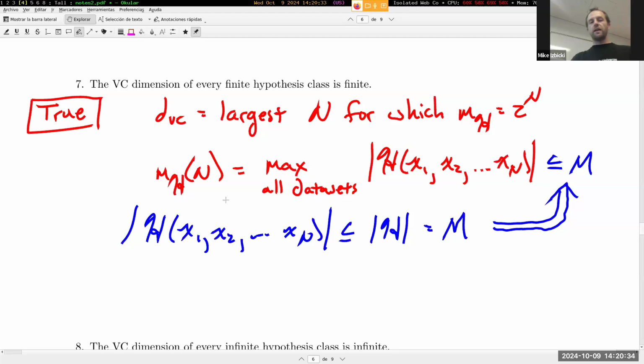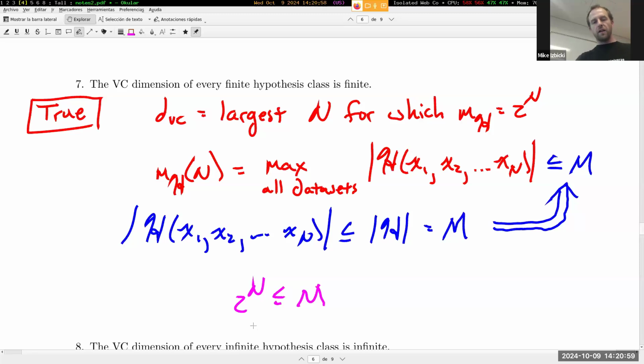In order to actually calculate our m sub h of n value, we can set 2 to the n less than or equal to m. Yes, that's the right direction, less than or equal to m on the right-hand side, with this 2 to the n coming from over here.